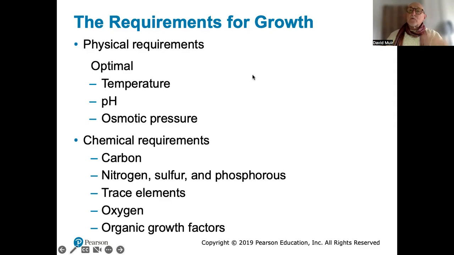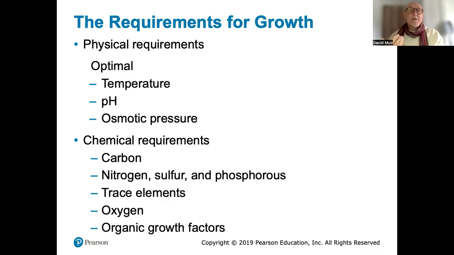All enzymes, as we saw before, have an optimum, a range of conditions where they operate best. And that is called the optimal, and enzymes have optimal temperature, optimal pH, and in addition, these all add together in the processes of metabolism to produce a requirement for different bacteria.